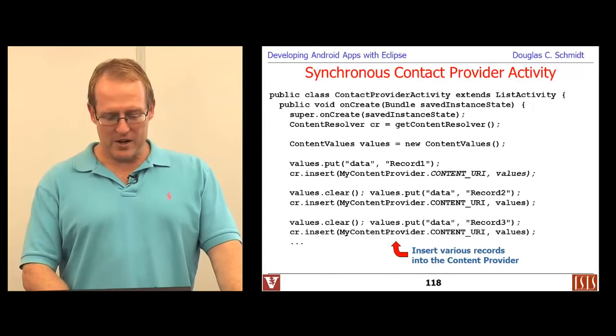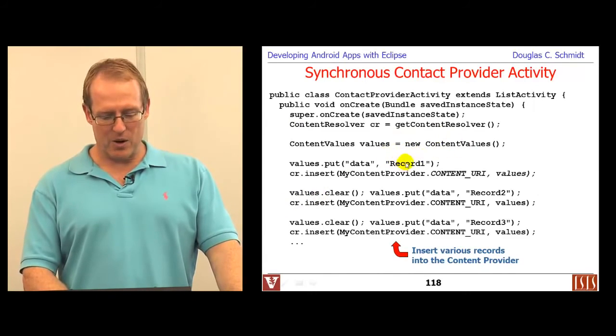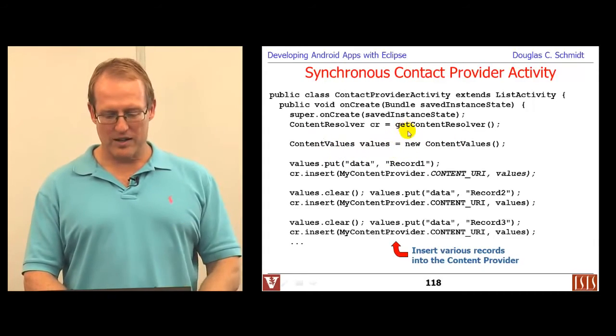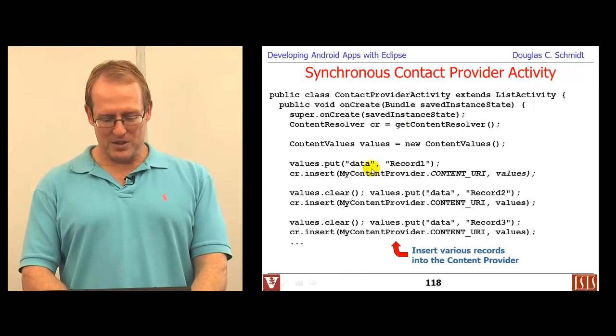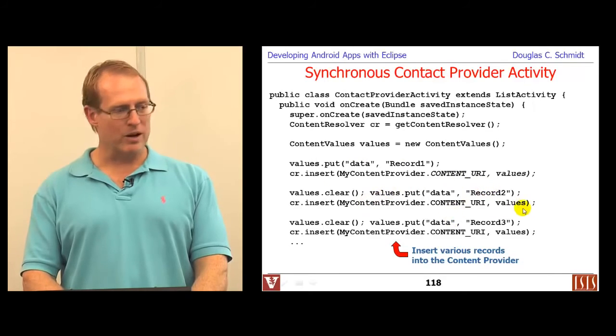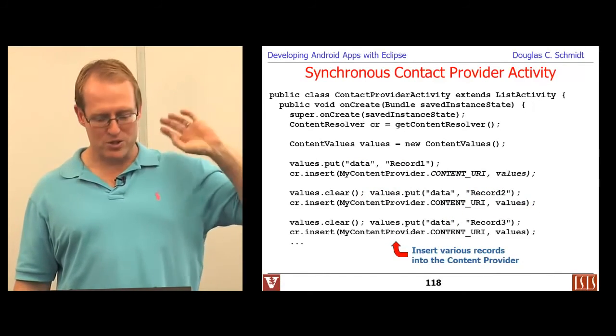So we come along here and we create our new ContentValues object, get the content resolver, and then we stick all this stuff into the content. We say this is data record 1, this is data record 2, this is data record 3, and so on, just as strings.